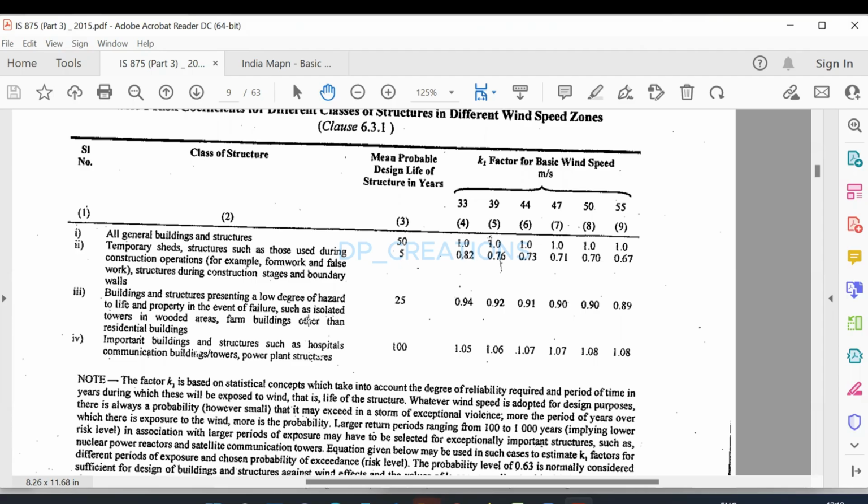So for that purpose, there is no life hazard or risk. That's why you can take the third also. Suppose you are going for your farmhouse or something, in that case, you can easily make it the third one. But normally you can take the first one. It is your choice. If you want more safety, then you can take the first one. If you want to take some risk, then you can go for the third one. Okay.